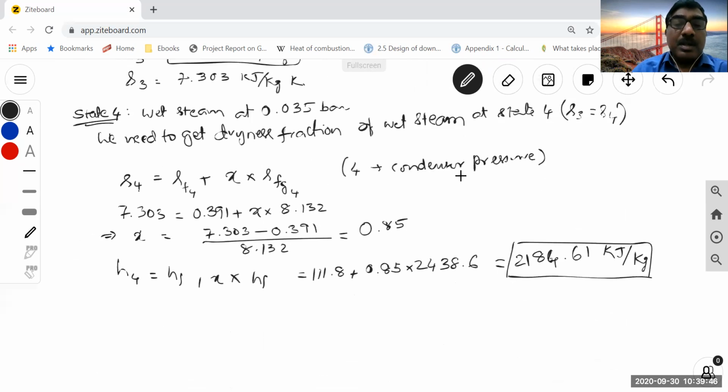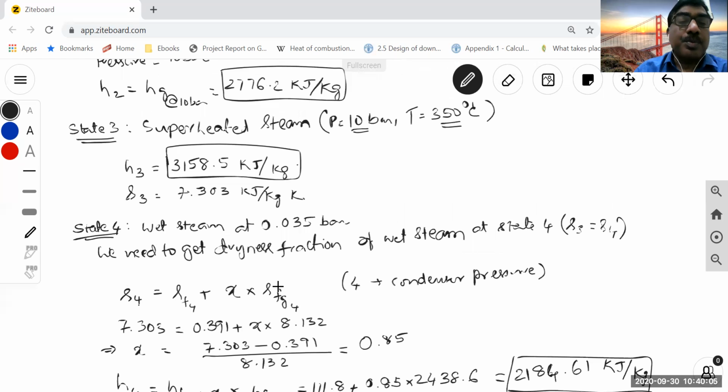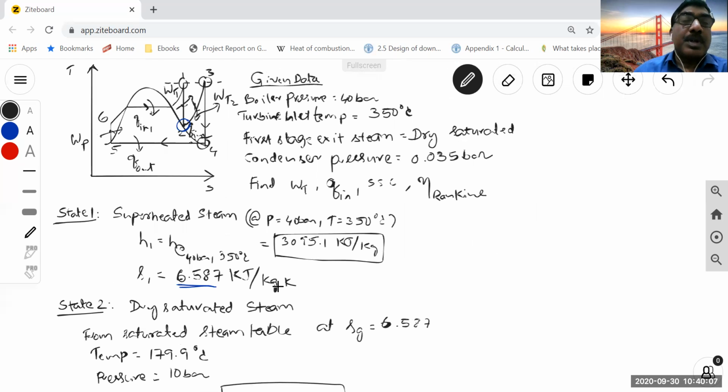There are two turbines. So WT is equal to WT high pressure turbine plus WT low pressure turbine. So high pressure turbine means this is H1 minus H2. This is high pressure turbine work.